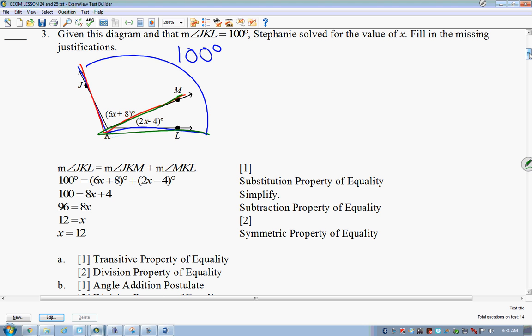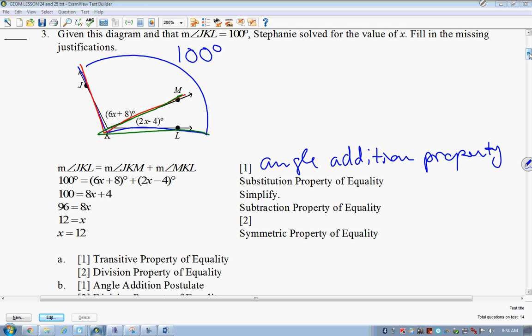Angle addition property. Okay. Now, from there, they substituted in 100 for measure angle JKL. We were told that. We can do that. Then they substituted in 6x plus 8 for JKM. They substituted in 2x minus 4 for MKL. Substitution, not a problem.